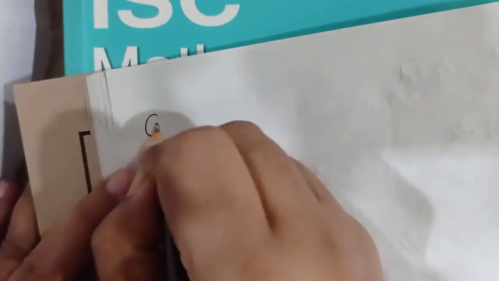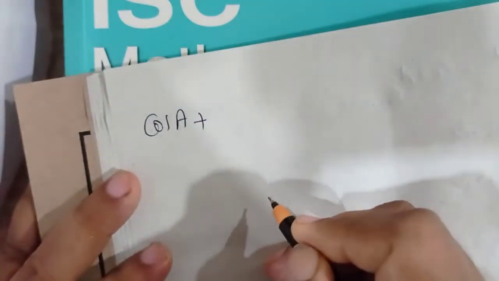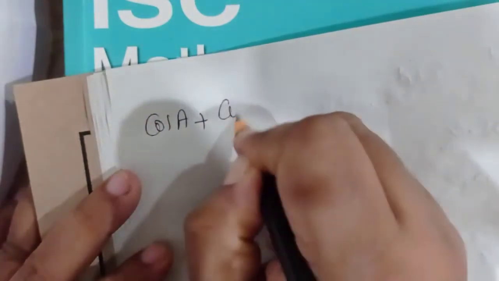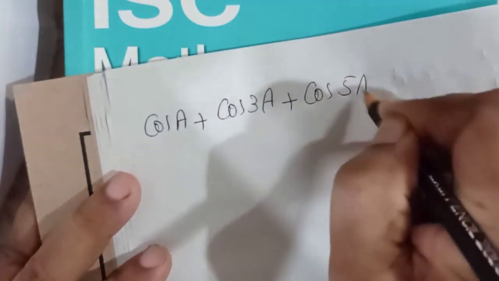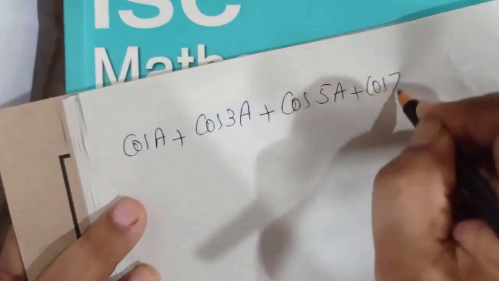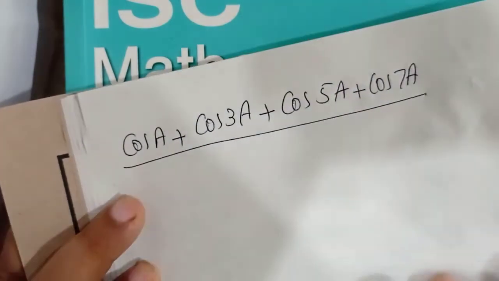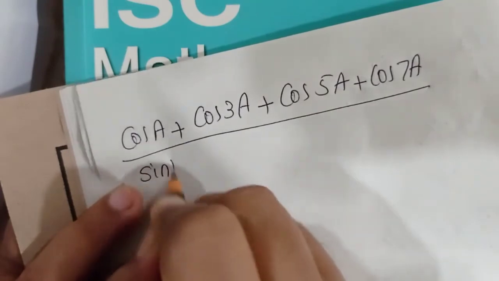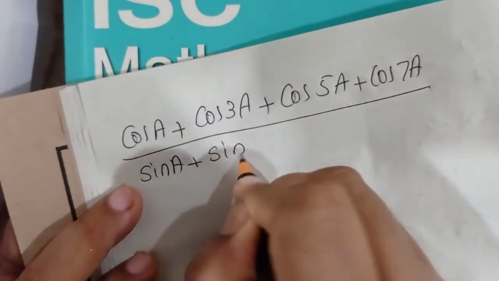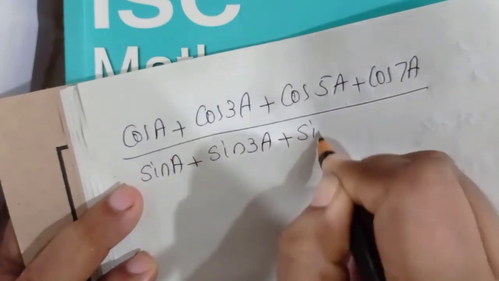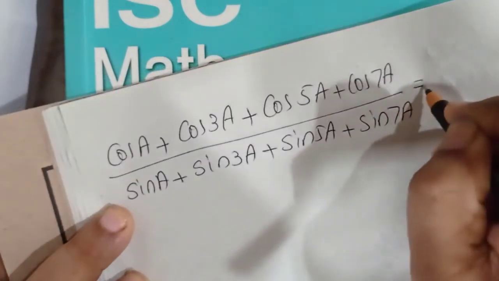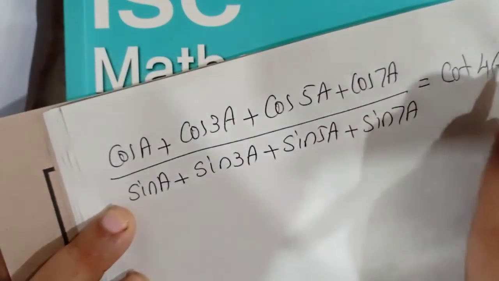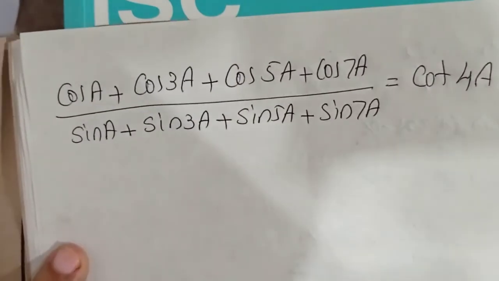Prove that cos A plus cos 3A plus cos 5A plus cos 7A, the whole by sin A plus sin 3A plus sin 5A plus sin 7A equals cot 4A.